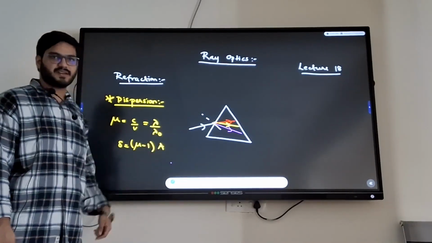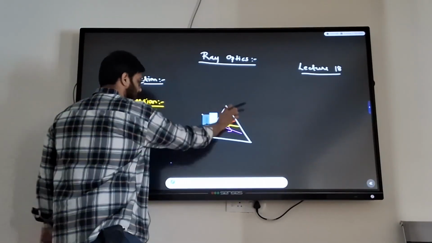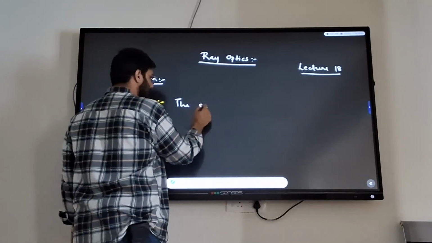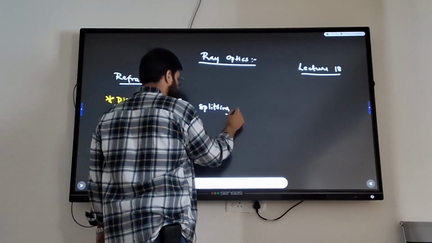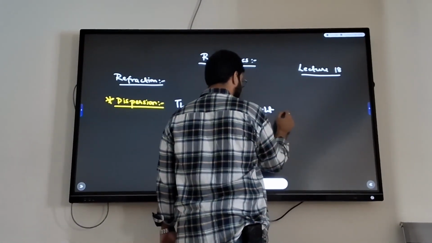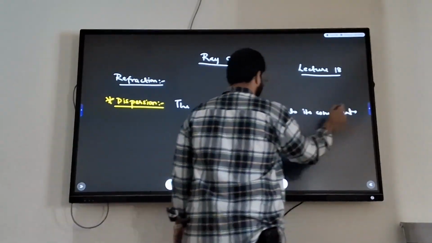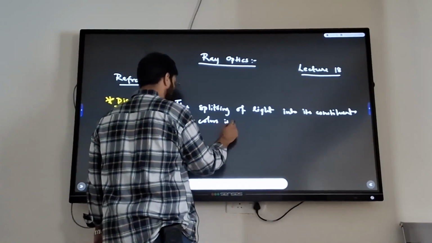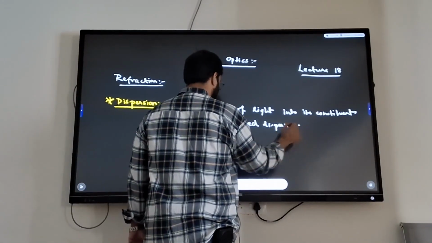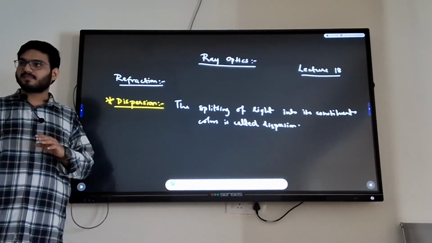Now let me write some English statements. We will come back to all of it later. The splitting of light into its constituent colors is called dispersion. And just what I told you now, what is dispersion basically?